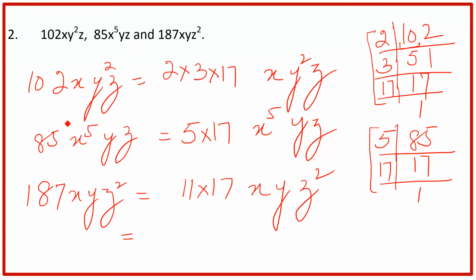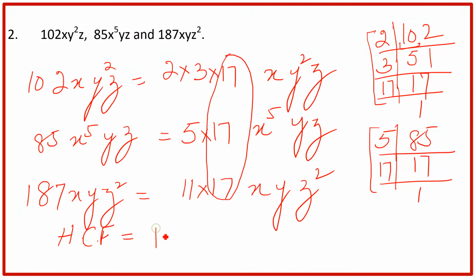Now these are the three expressions and we have made the factors. Actually, we are going to find out the highest common factor, the highest number which is present in these three expressions. 2 is here, not here, not here. Same thing for 3. Only 17 is the highest factor which is available among these three.